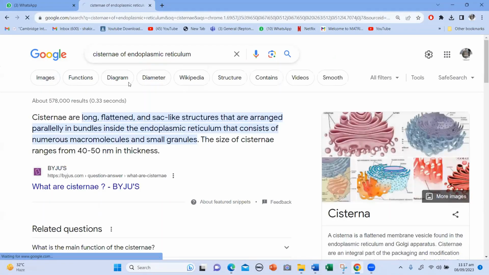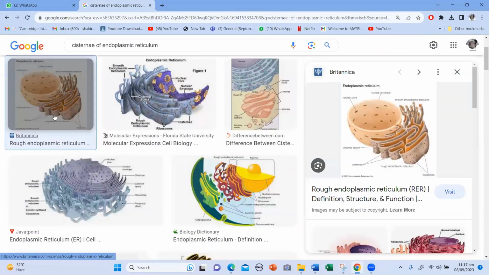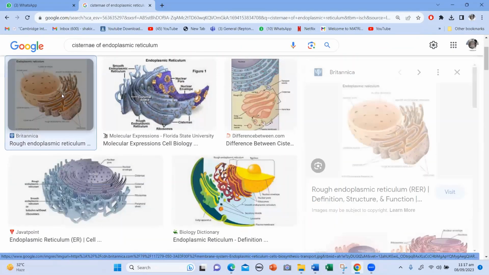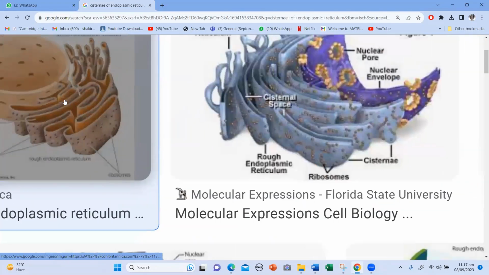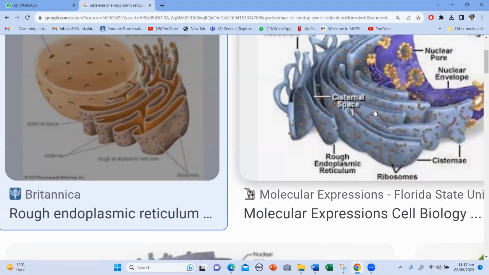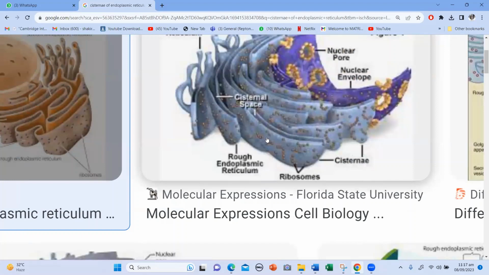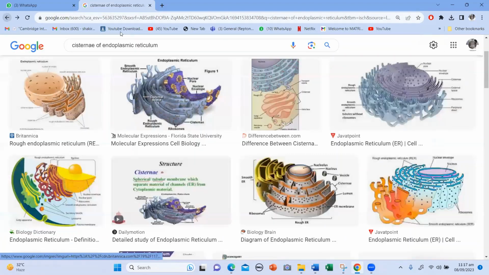So look, these ones. I want this image to be seen in a zoom. Yeah. These are cisternae. These are RER and every vesicle. This is a flattened vesicle. Flattened vesicles, right? And then these are cisternae. Inside them is the space. So we can see cisternae of Golgi as well.